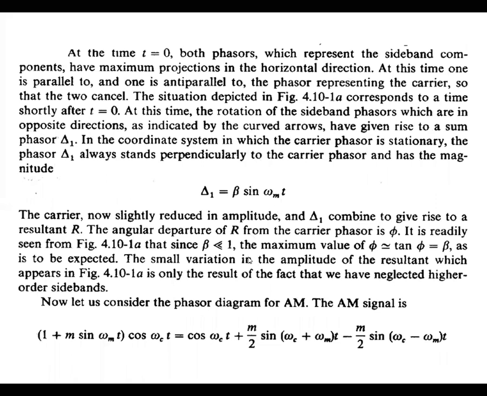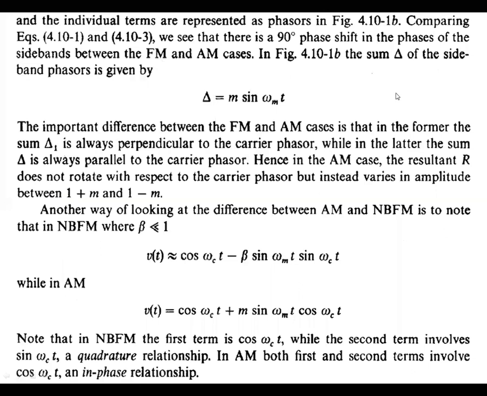So the important difference between FM and AM is that in the former, the sum del 1 is always perpendicular to the carrier phasor, the resultant of the sidebands in narrowband FM, while in the latter, the sum del is always parallel to the carrier phasor in AM.